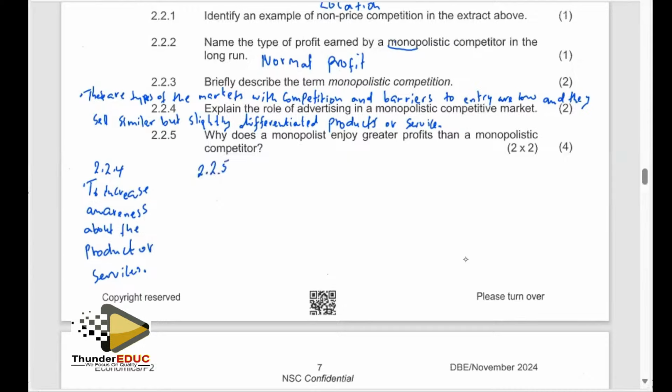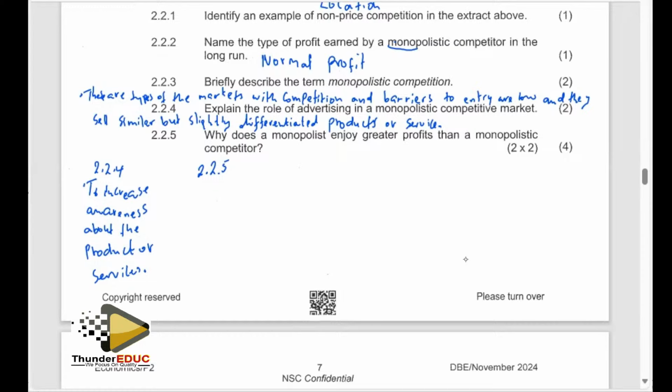Okay, right. Let's check 2.2.5. Why does a monopolist enjoy greater profits than a monopolistic competitor? Remember, a monopolist refers to a business that is operating alone in the market. They don't have any competition. Also, entry is completely blocked.